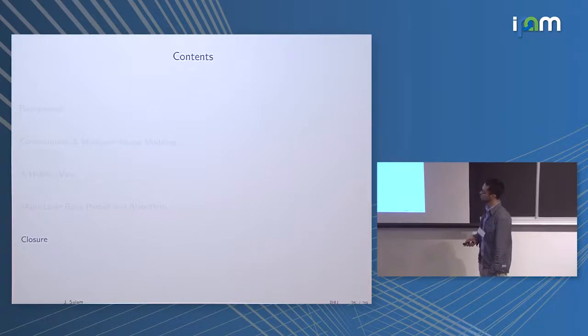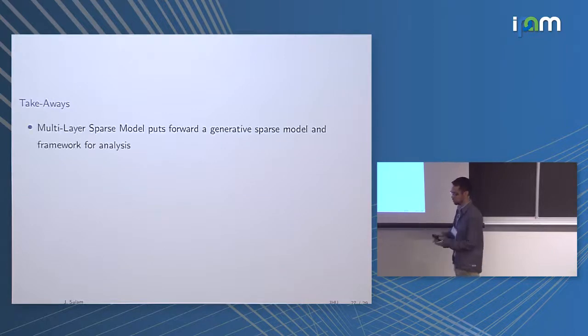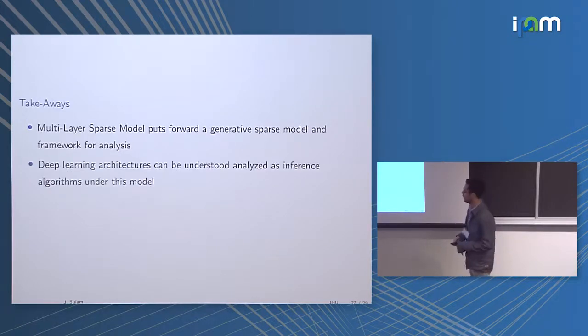So that pretty much sums up what I had to tell you. If I had to mention in a very few sentences what I would like you to take from this, it is that this multi-layer sparse generative model is essentially a framework to develop analytical tools to come up with theoretical guarantees for different constructions in deep learning, in such a way that different architectures can be understood and analyzed as approximating pursuit algorithms.